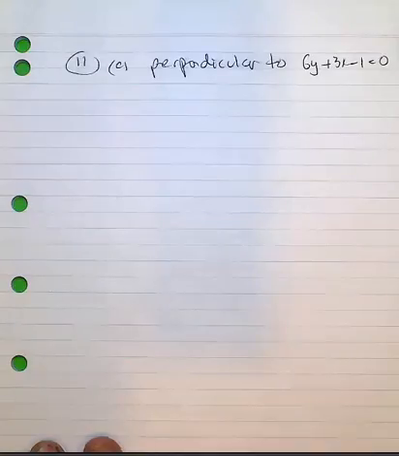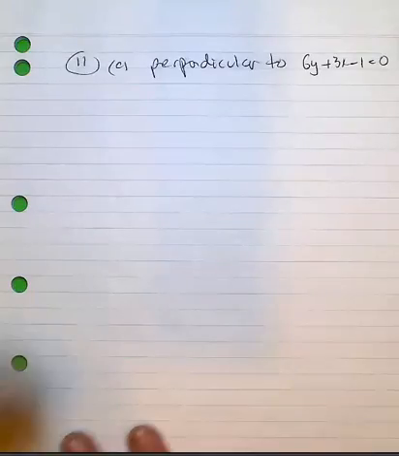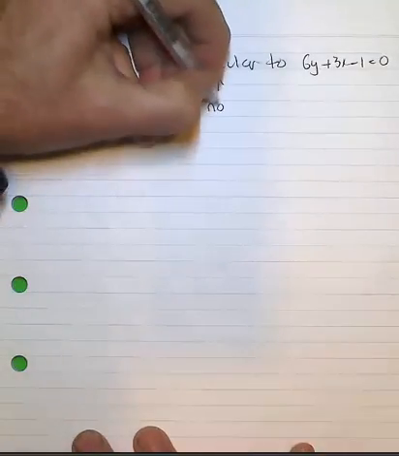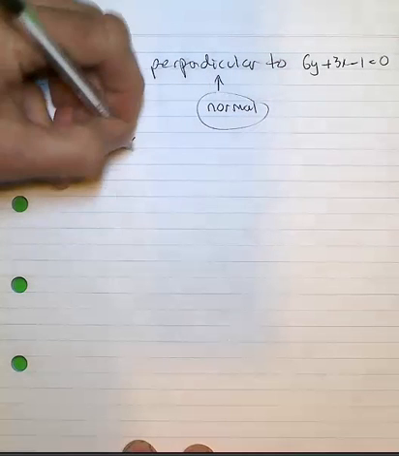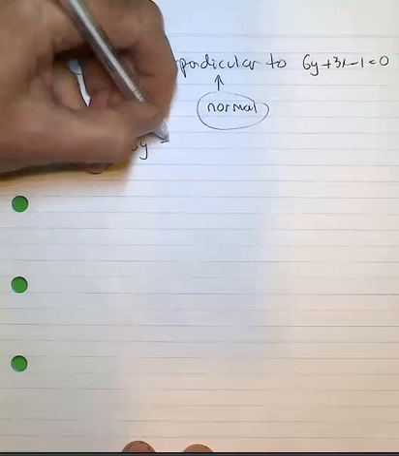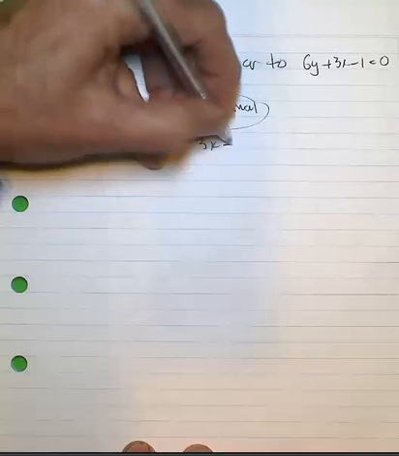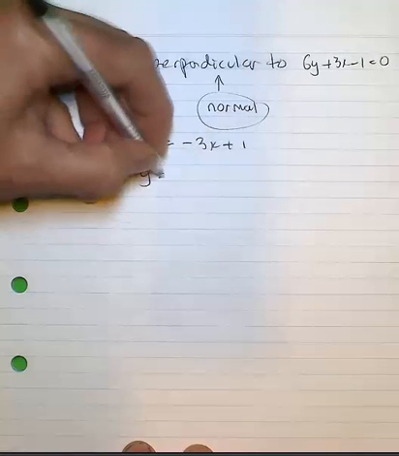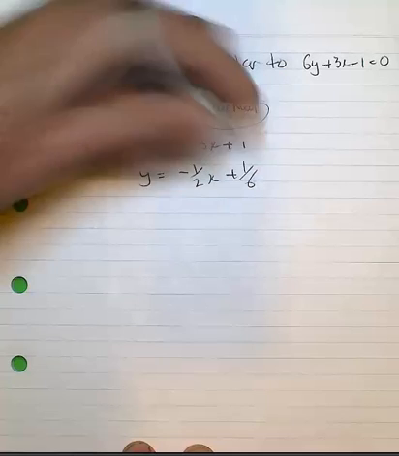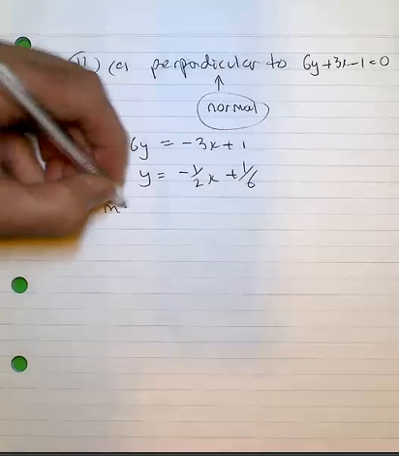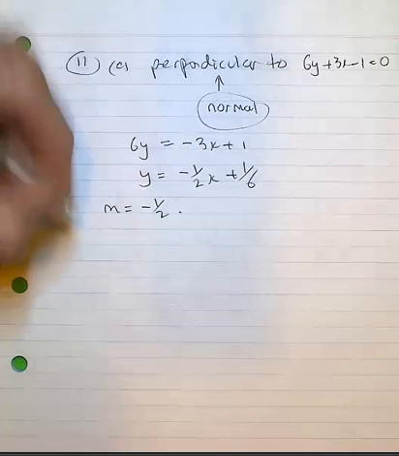Now, when we start talking about a perpendicular, in this instance we mean the normal. First thing I've got to do is to transpose that, so I've got a y is equal to mx plus c format. So y is equal to negative a half x plus a sixth. Now the gradient is equal to negative a half.